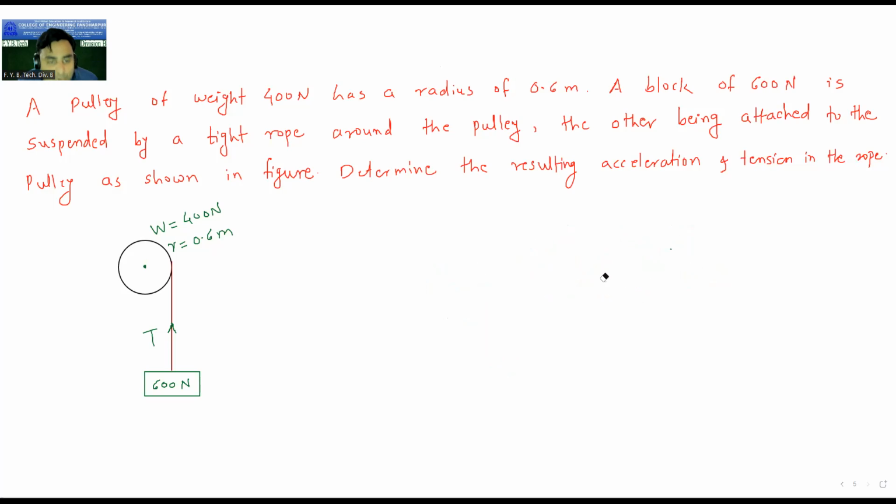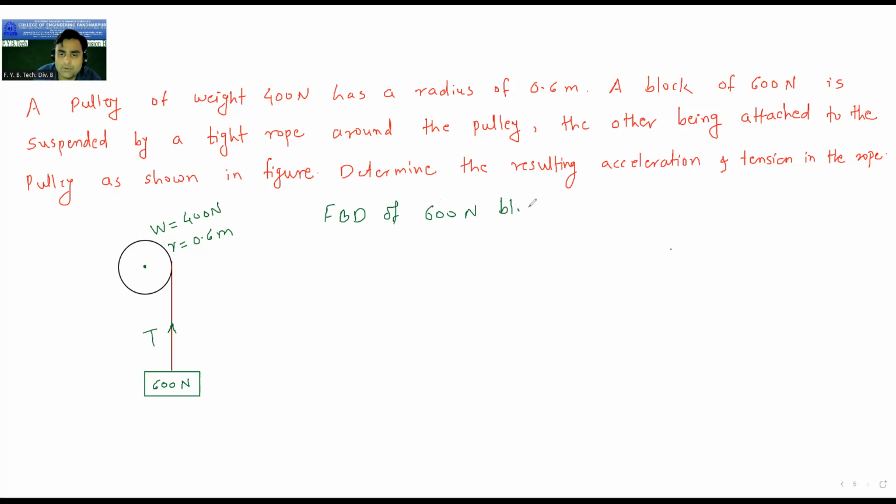Okay, so now what we will do, we will consider the free body diagram of the 600 Newton block. Everything is same, just pay attention, it is also a very easy problem.